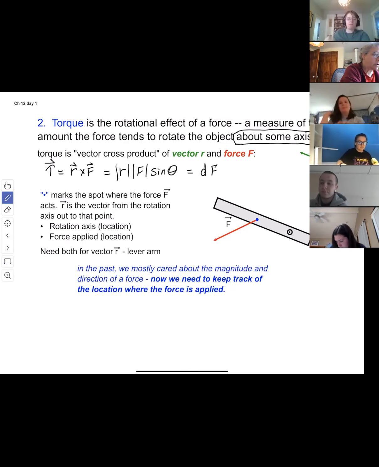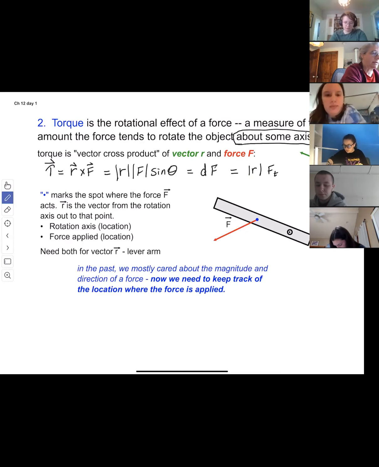The other way your text does it is they say basically it's the magnitude of r times F tangential. I'm really just looking at the magnitude of tau right now. That's how I'm going to be trying to find it.